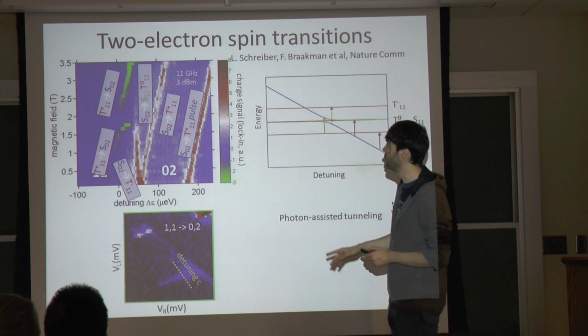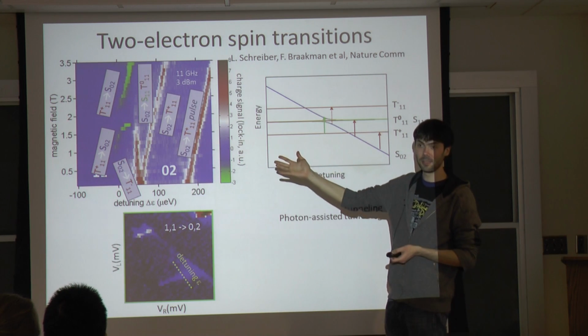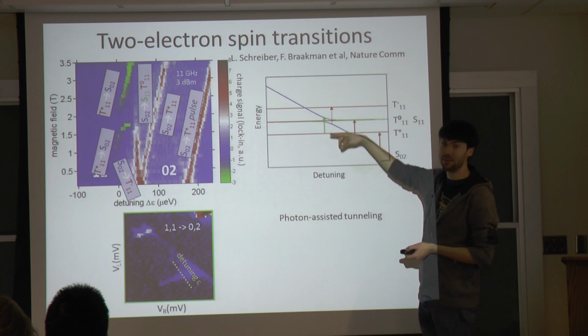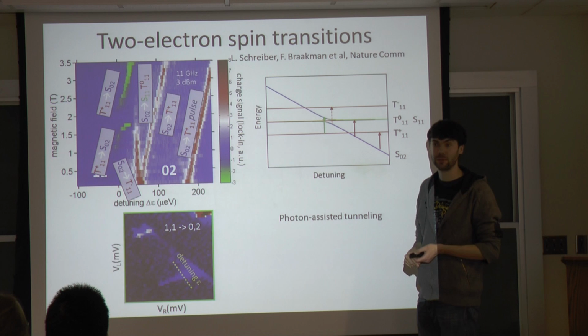So they were able to map out all these lines like that to transitions between these different levels in a double quantum dot.